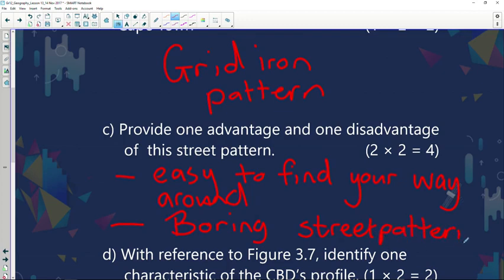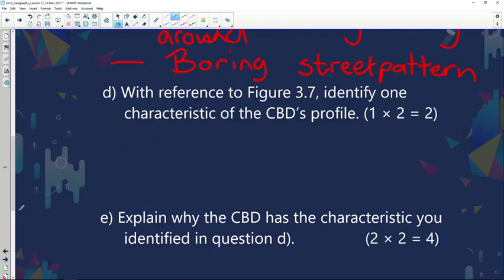Now, if you can remember, the reason why people chose the gridiron pattern, especially in CBD areas, is because the CBD land value is the highest among urban areas, and instead of moving outwards, they're moving up with their buildings, such as the skyscrapers. With reference to figure 3.7, identify one characteristic of the CBD's profile.